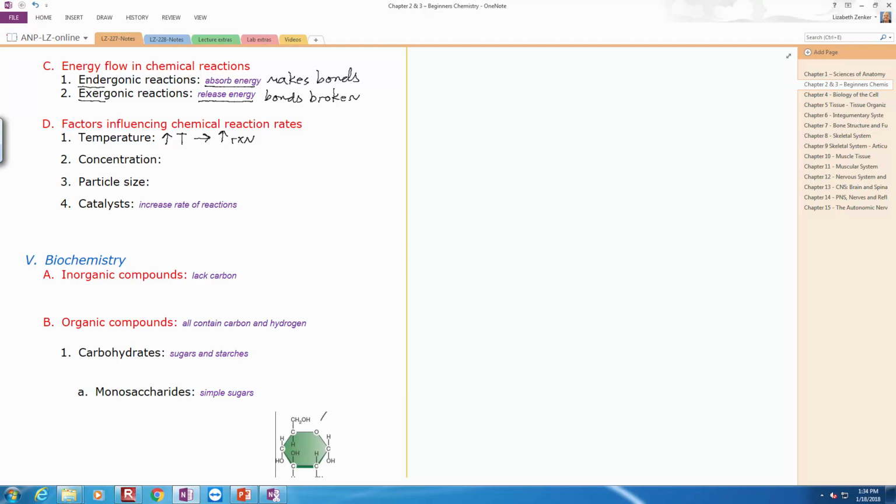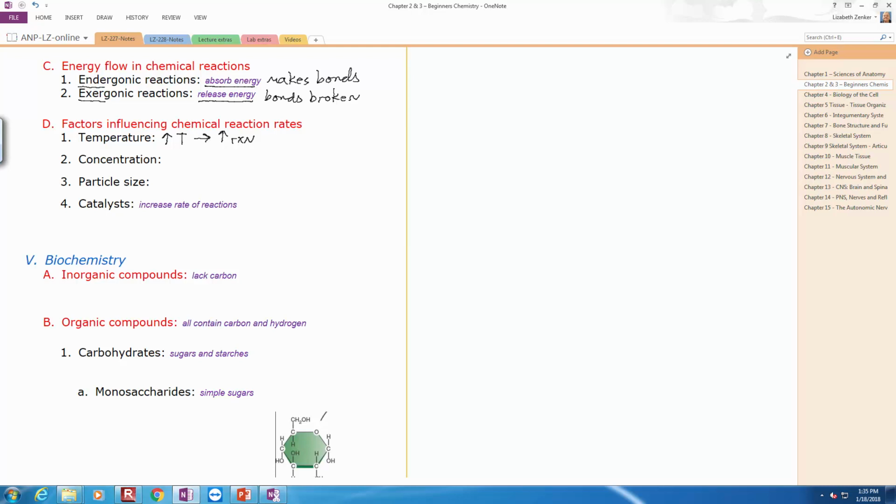So what about the concentration of particles? Concentration means like the amount. It'll go up. So the more reactants you have, the more stuff you have, the more likely it can bang into something else and form another bond or do whatever it's supposed to do in this reaction.